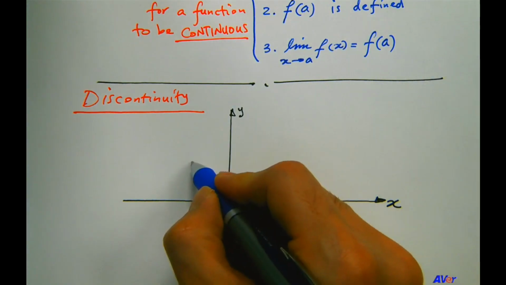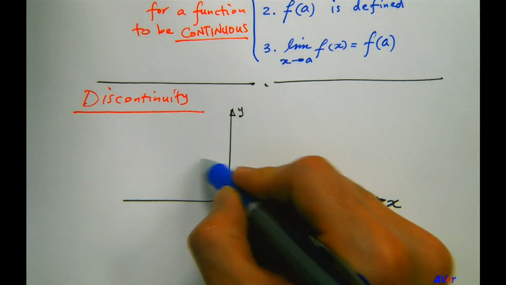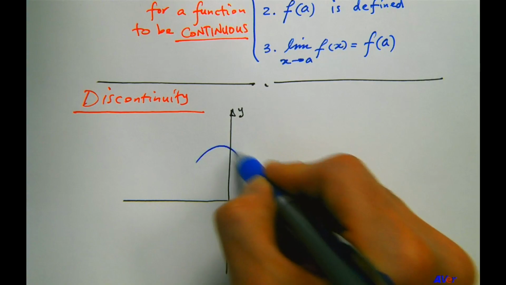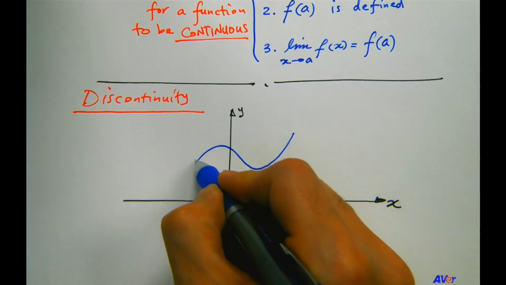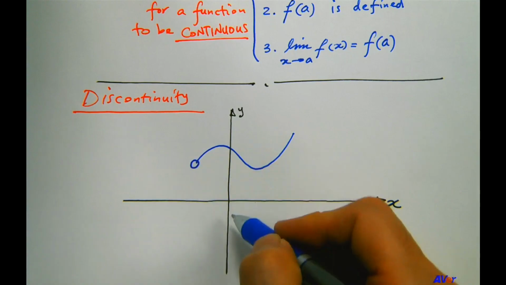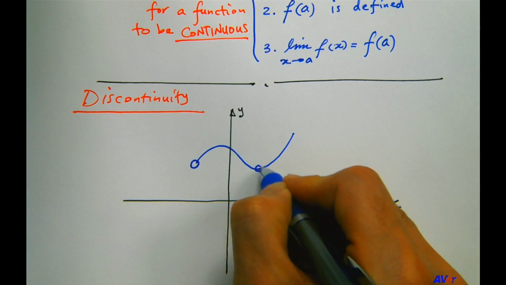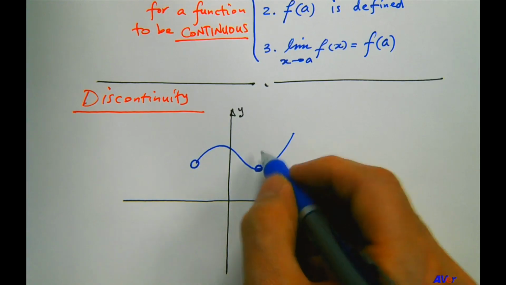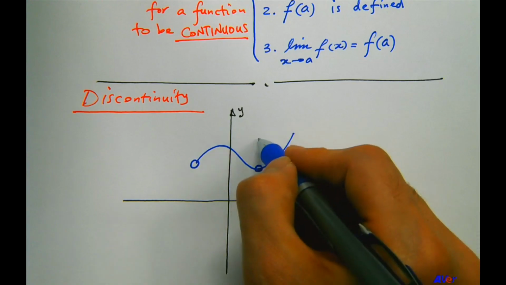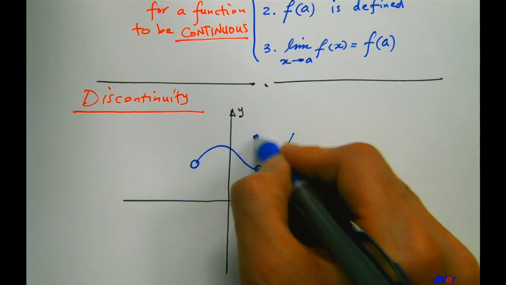Suppose we put a hollow circle at this end, a hollow circle here in the middle somewhere, and a filled-in circle here.